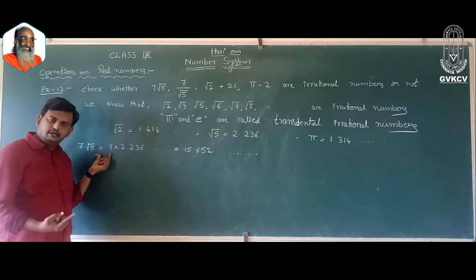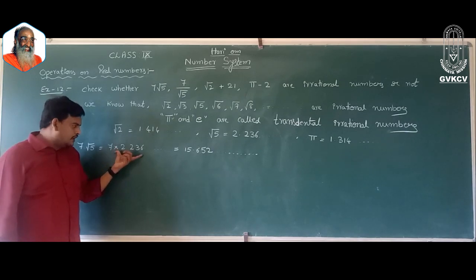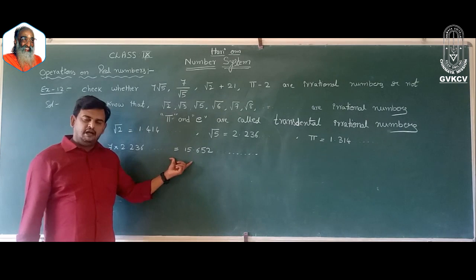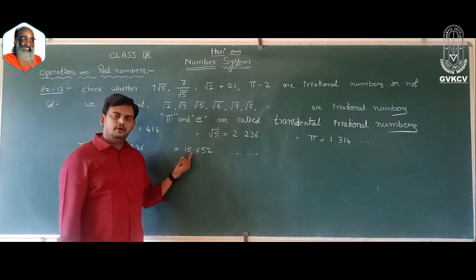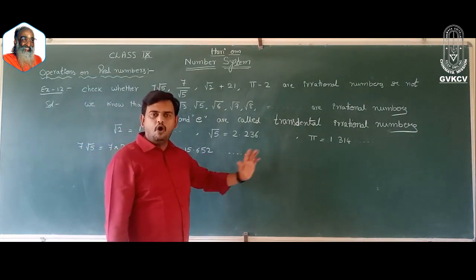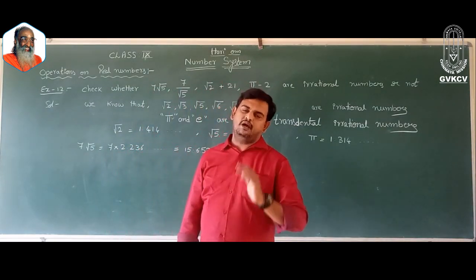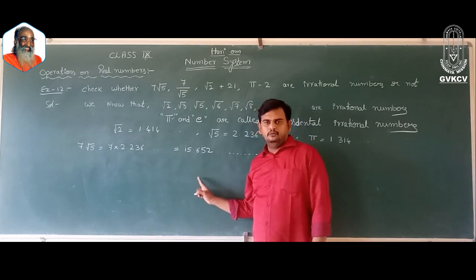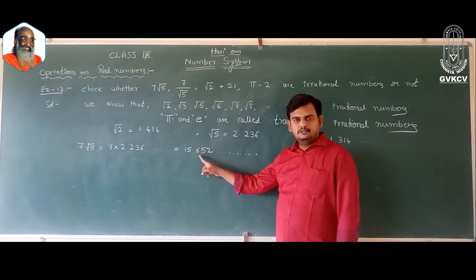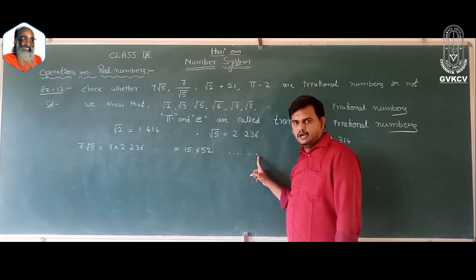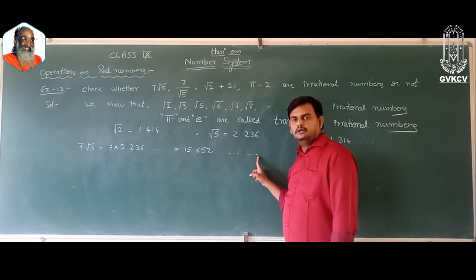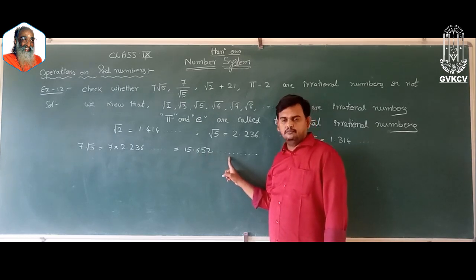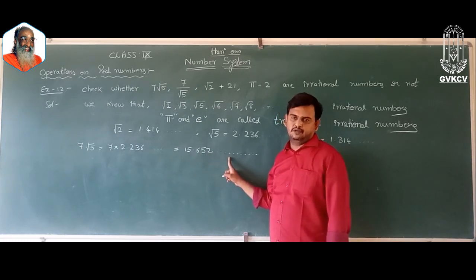7 is a rational number. When we multiply a rational and an irrational, the value we are getting is 15.652 and so on. It is an approximate value. Of course, if it is an approximate value, look at the decimals. Here the decimals are not ending, means non-terminating decimals, and the digits are also not repeating, means non-recurring decimal.